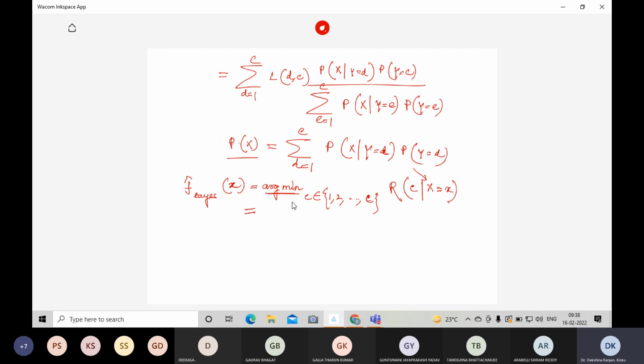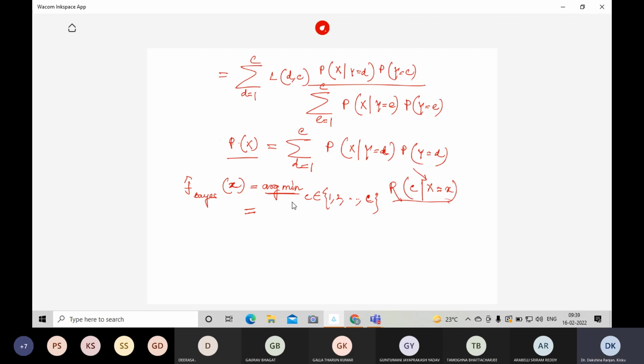Here the Bayes classifier classifies a new datum x as the class with minimum risk. So we get the minimum risk by minimizing the risk function, and we estimate the model parameters, which can be further used to get the minimized risk for the Bayes classifier. If you have any questions from this part, you can ask me.